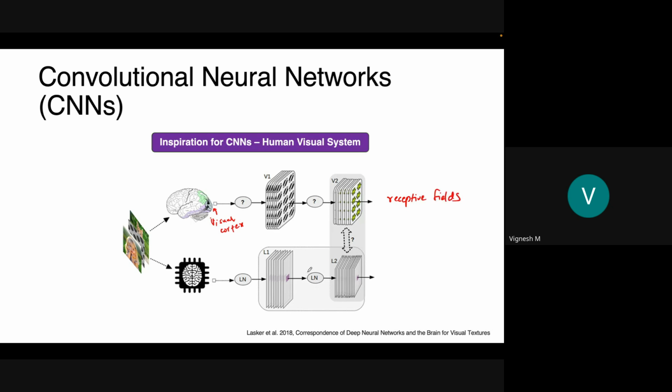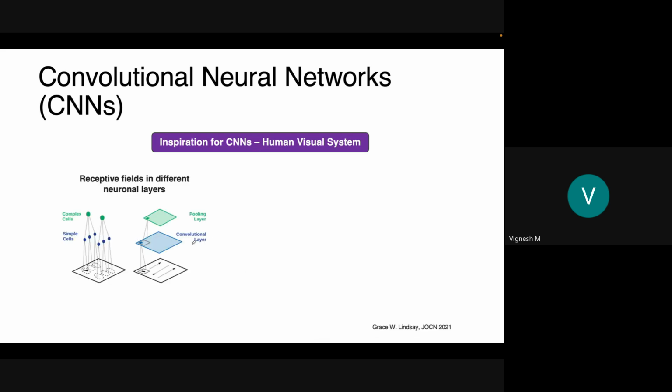At the level of the retina, there are certain types of cells called simple cells. They look at a small space in your input visual space, so in some sense they take information about very local features.